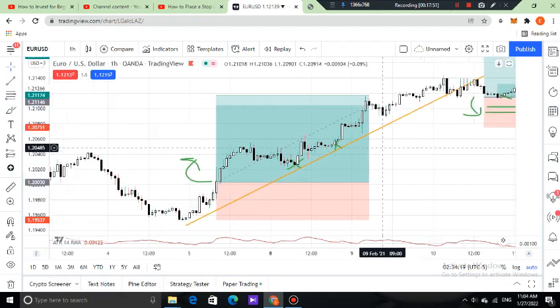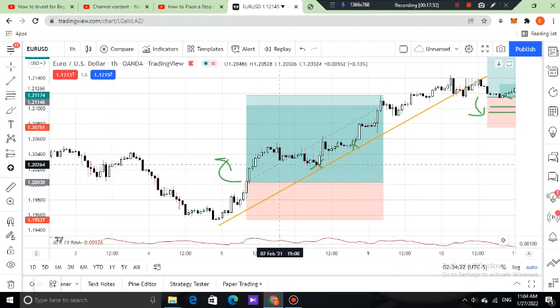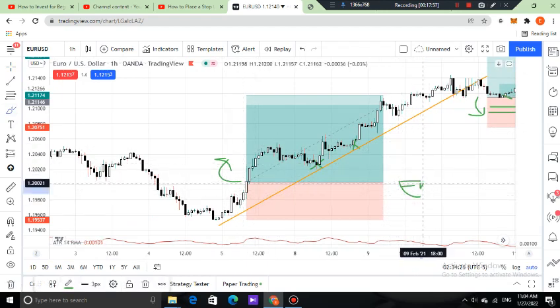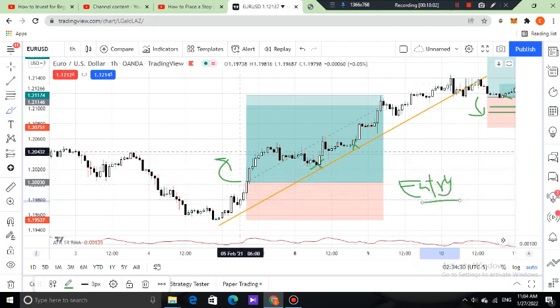You're actually increasing the risk because your entry point goes up.